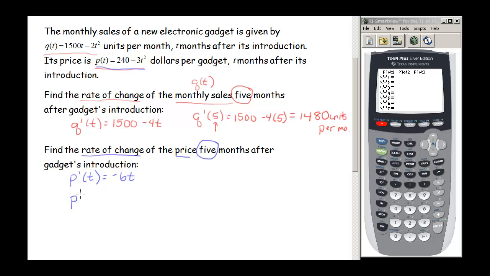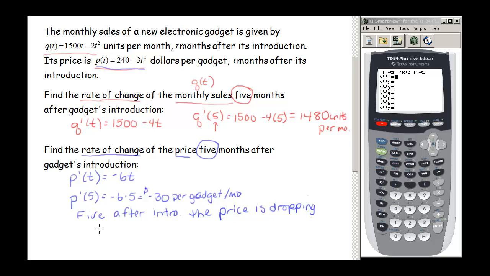We're supposed to look specifically at P prime at 5, so we're going to have negative 6 times 5 equals negative 30, and then the units on this, we're looking at dollars per gadget per month. So this means 5 months after the introduction, the price is dropping by $30 per gadget per month.